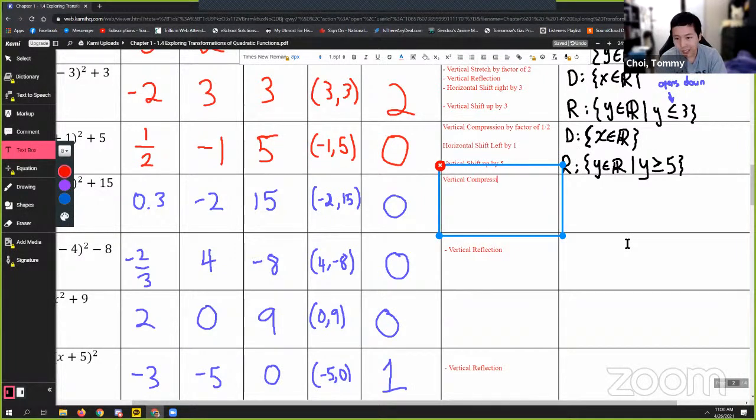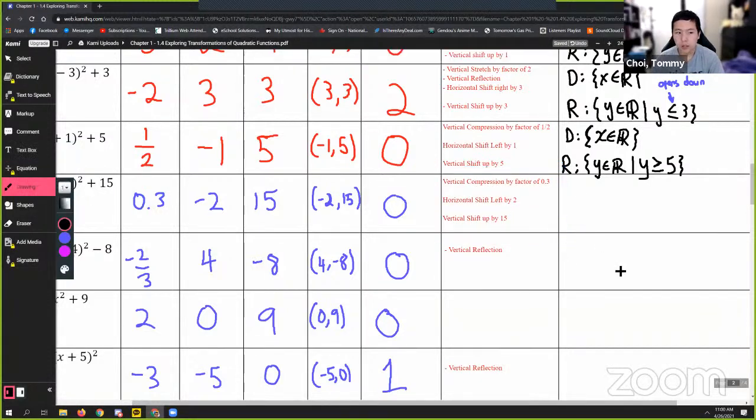Vertical compression, again, it is a decimal smaller than 1, by factor of 0.3. Horizontal shift left by 2. And then vertical shift up by 15. So that's all the transformations.